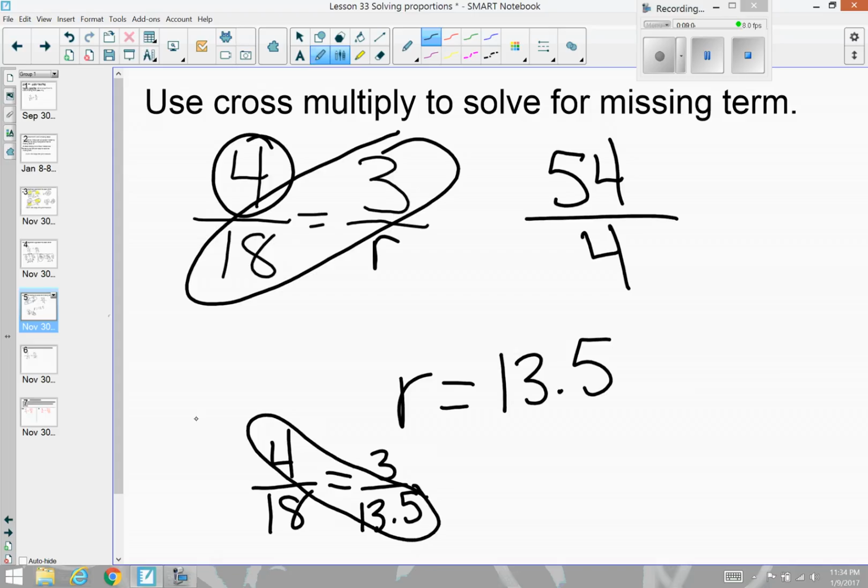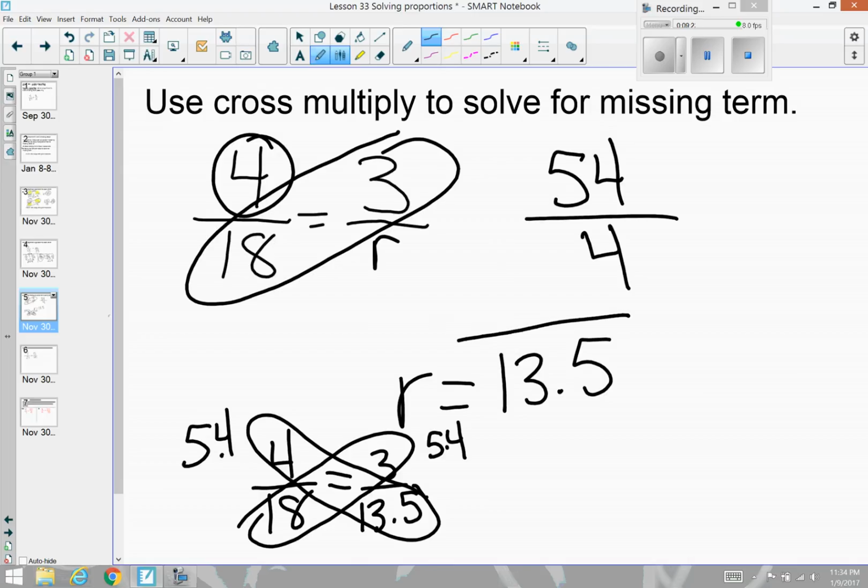And I will get 54 on this side. And then I'm going to take 18 and multiply it by 3. So 18 times 3, and I get 54 over here. And 54 does equal 54. So yes, this is true. So I know that my value for r is correct, and these two ratios are indeed proportional to each other.